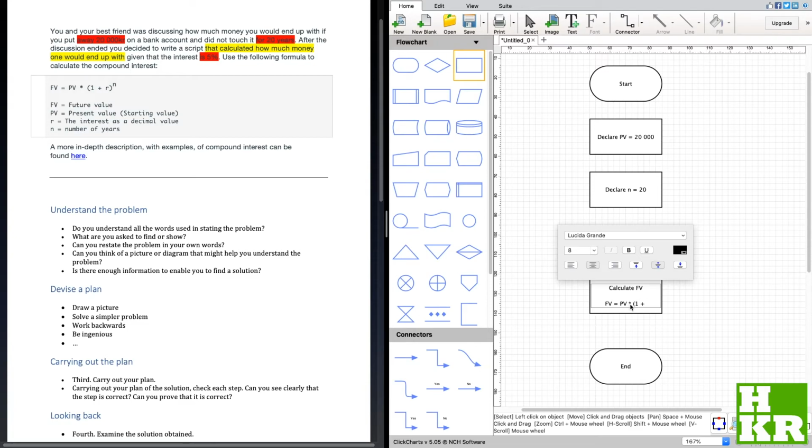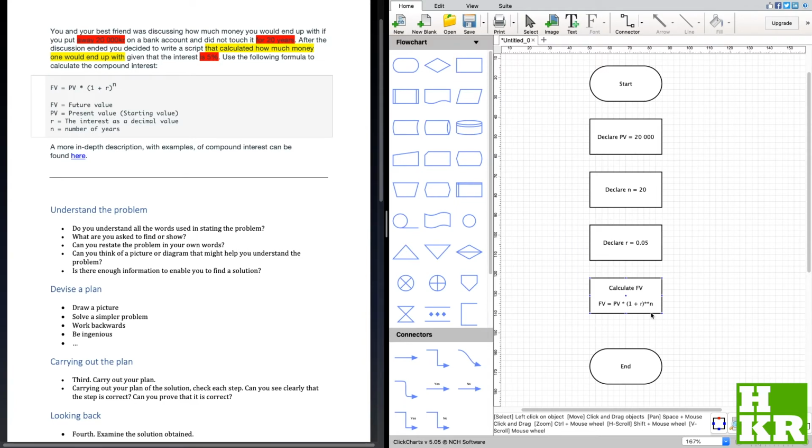1 plus R, and then here we must say raised to the power of N, and we could do that in 2 different ways. I'm going to do it this way, and we're going to see later why I choose to do this. When we're implementing it, we're going to see why I chose this.